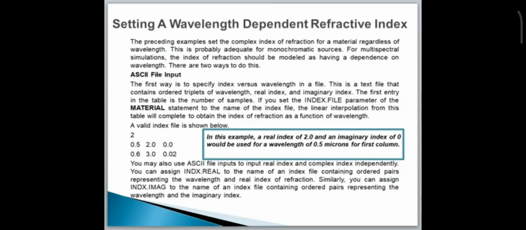You can use a single file with .nk.txt file, or you can use two files. First file is for the index.real, which contains the wavelength and the real value of the reflective index, and the second file is the index.imaginary. It will consist of imaginary part of the reflective index and wavelength.